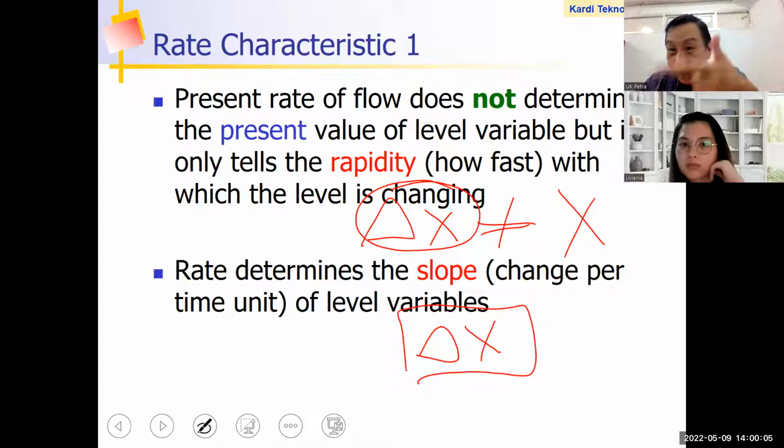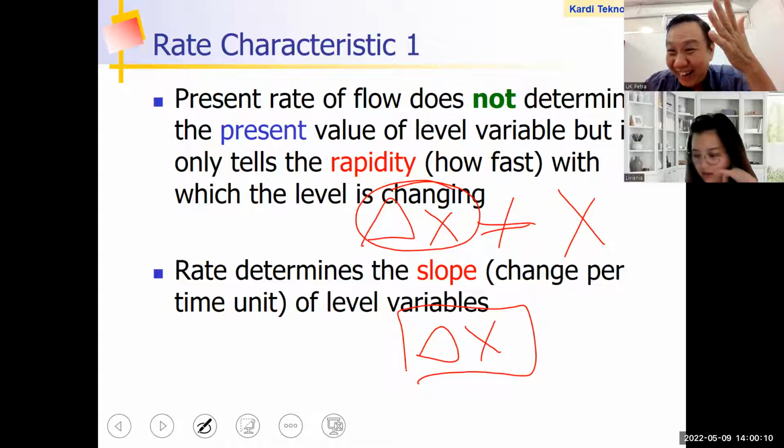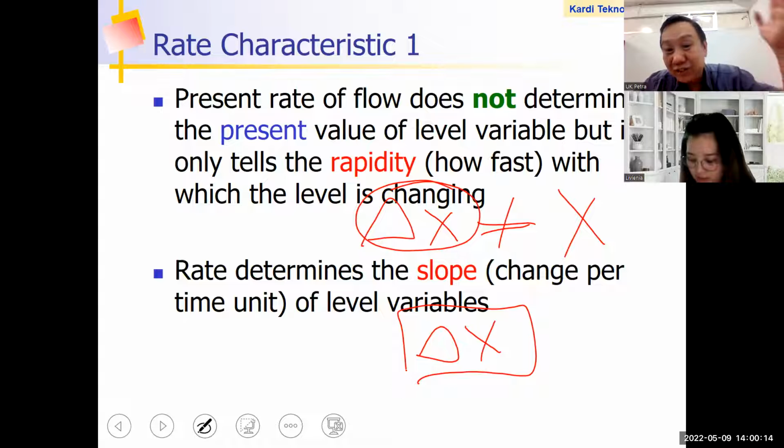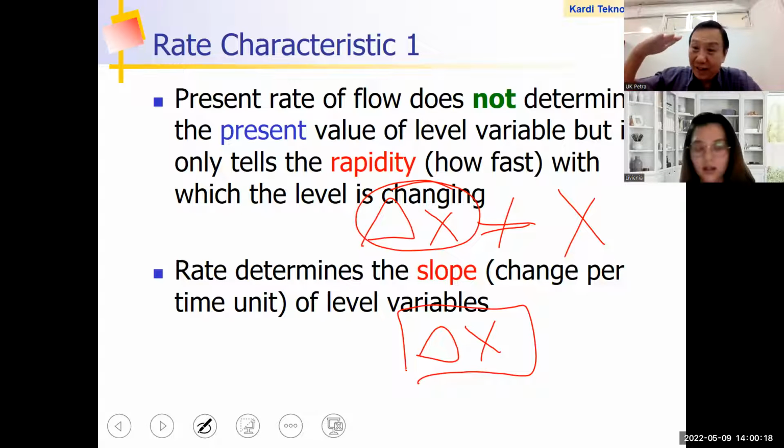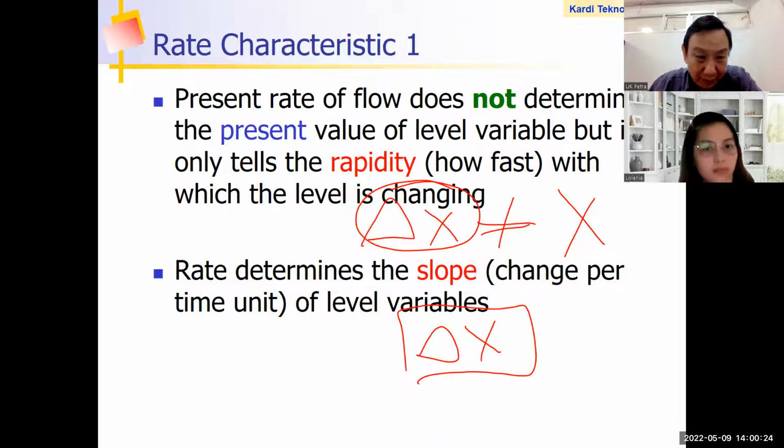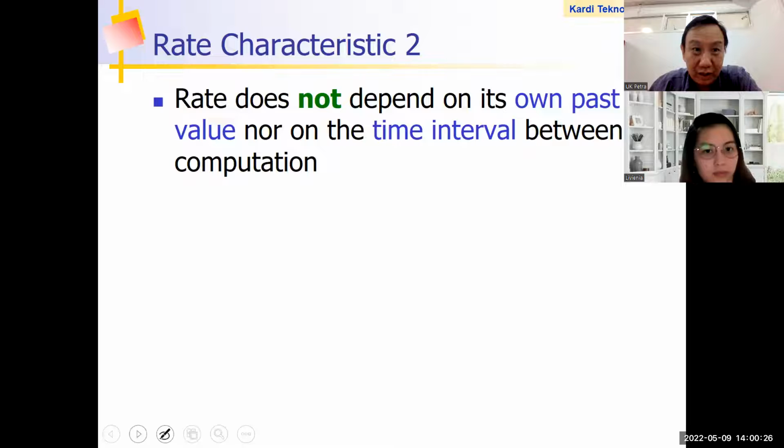Flow, rate, action, slope, gradient, they are all the same thing; they all mean change. The level is the state, the stock. Clear, yeah? I hope you can distinguish between the two.